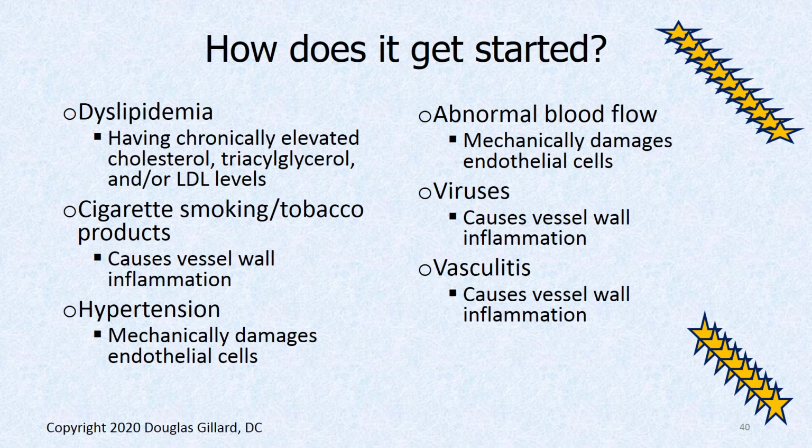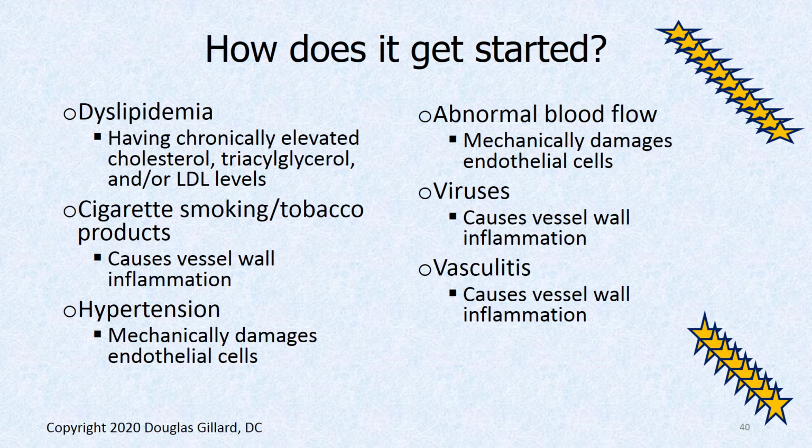Cigarette smoking causes inflammation. Some of the particles in cigarette smoke are thought to cause an inflammation that can damage the endothelium to the point where LDLs can sneak in. Hypertension just beats up endothelial cells and makes it more likely that LDLs can sneak in.